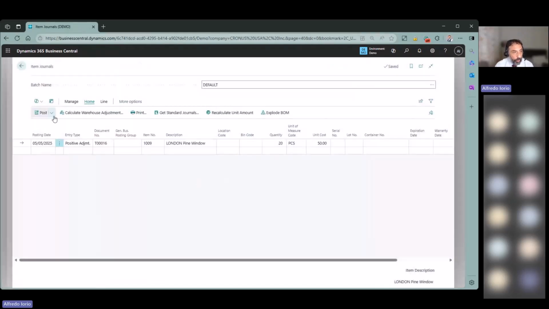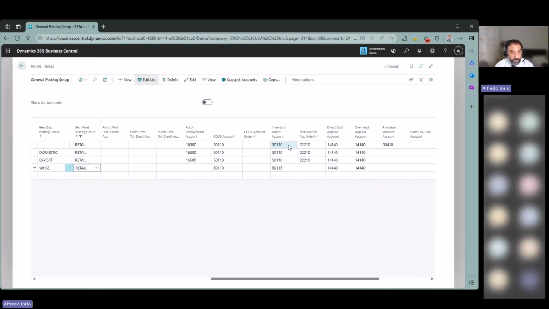The inventory adjustment account for retail and no business posting group is 50110. The posting group as the reason code is the why we do business, why we transact.